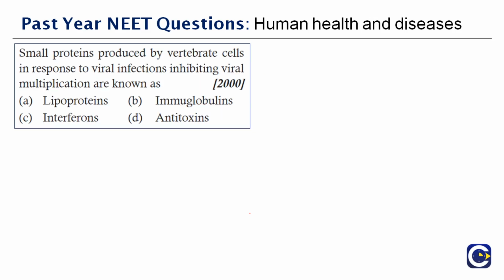Next question here. Small proteins produced by vertebrate cells in response to viral infections, inhibiting viral multiplication, are known as dash. Just now we saw about it, right? What are they? Interferons. Lipoproteins are conjugated proteins having polypeptides in association with lipids, while immunoglobulins are constituent antibodies, while interferons, abbreviated as IFNs, are a group of vertebrate glycoproteins.